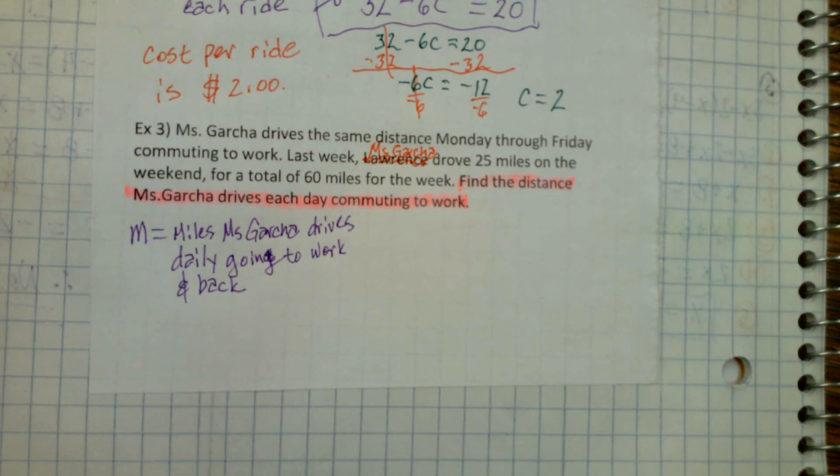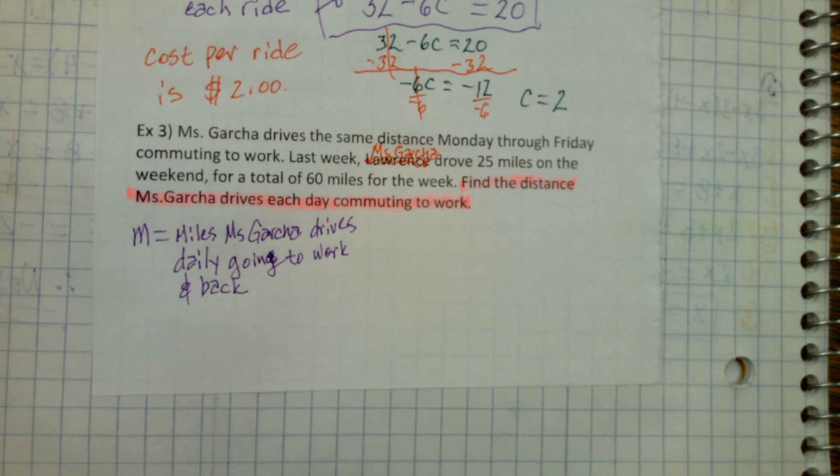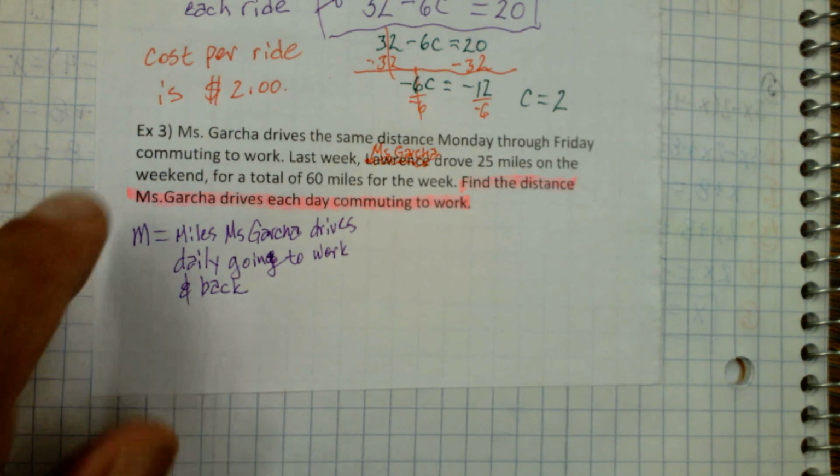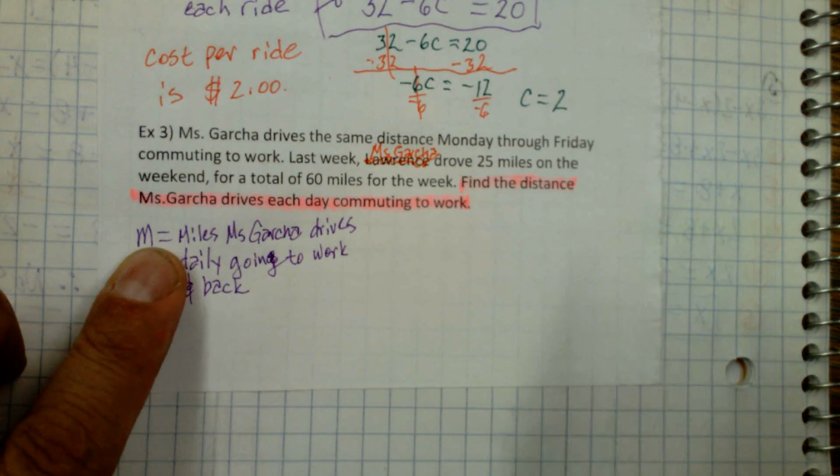Alrighty. Let's see what information we have. I'll give you a minute to catch up. So we know that Monday through Friday, that's 5 days, she drives the same amount going to work, and that's the part we're trying to figure out. So that's Monday through Friday. What else do we know?